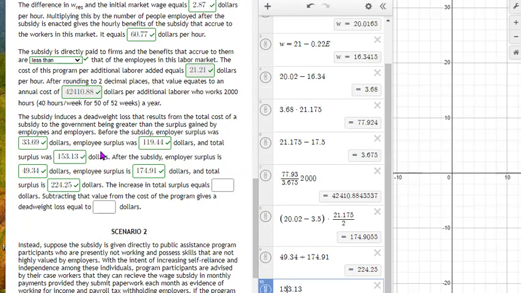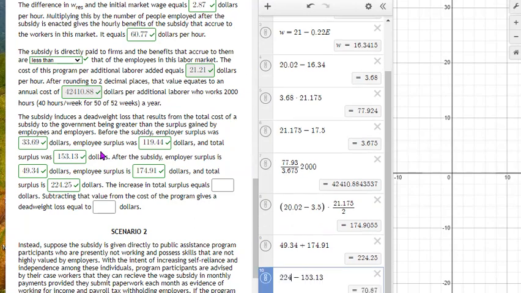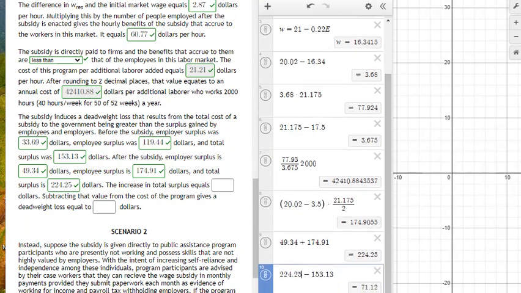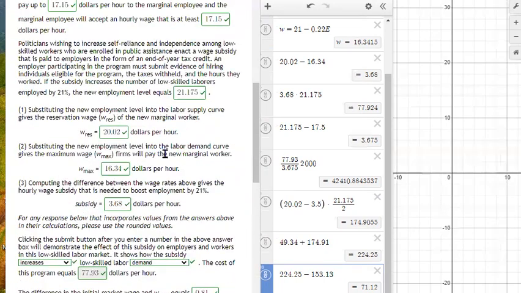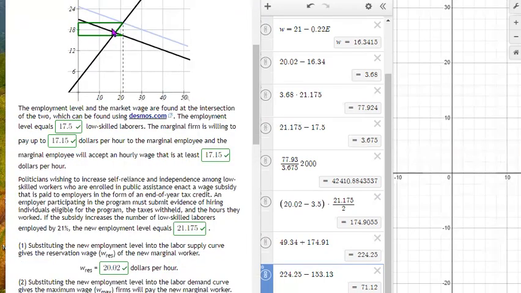The new total surplus is 224.25. So the increase in total surplus is 71.12. That is this area here, the increase in total surplus.